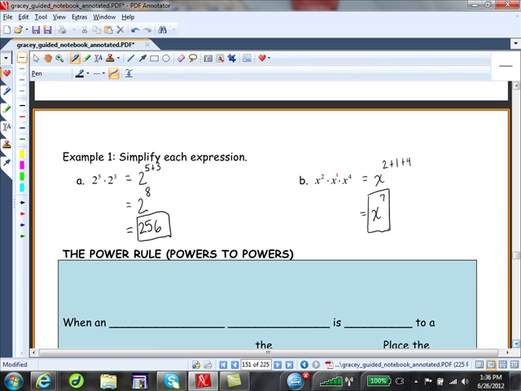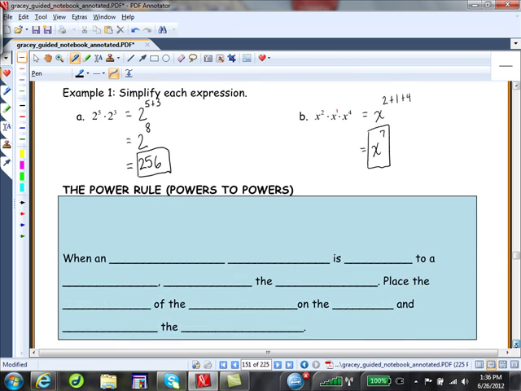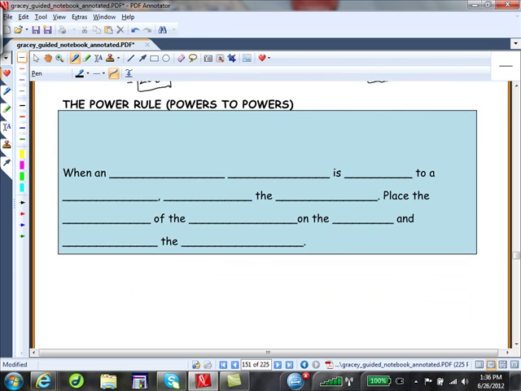Okay, the power rule. So we are raising powers to powers. So if we have some base, and it's being raised to the m power, and then that in turn is raised to the nth power, it turns out that you'll get, well, what do you think that we'll get? Let's do an example below.